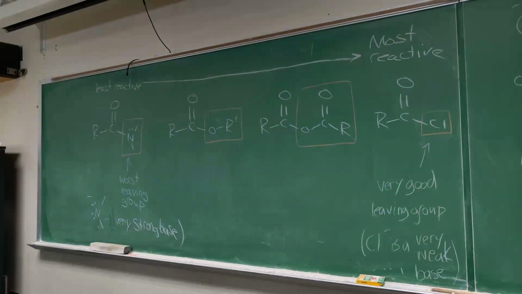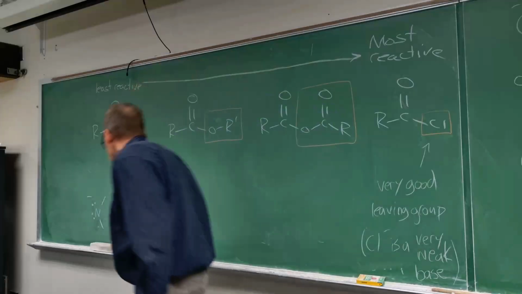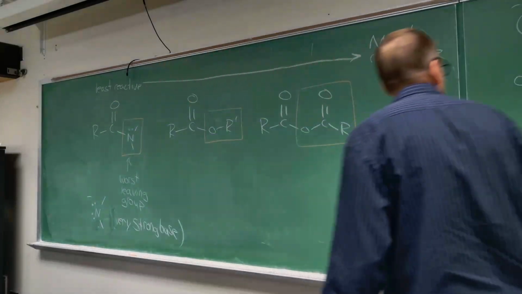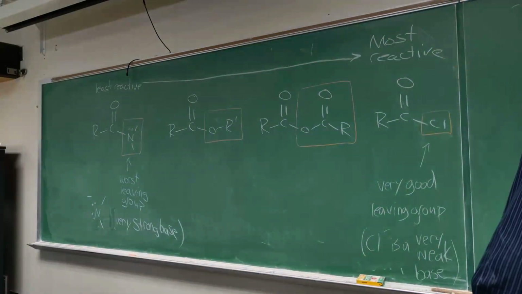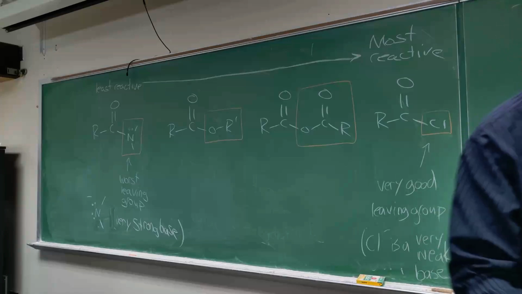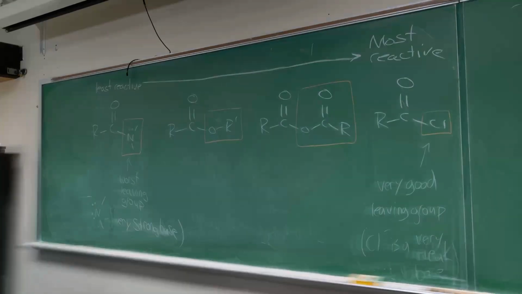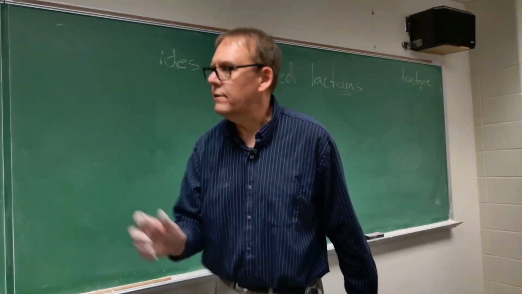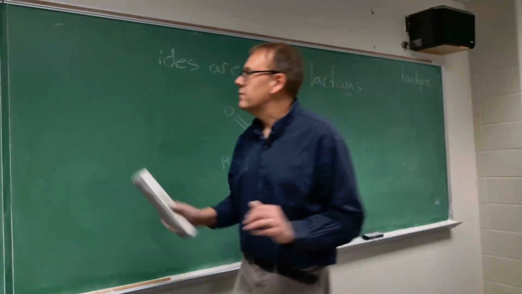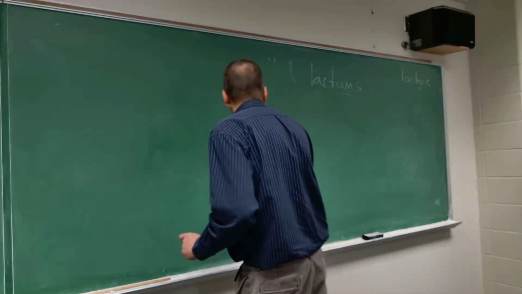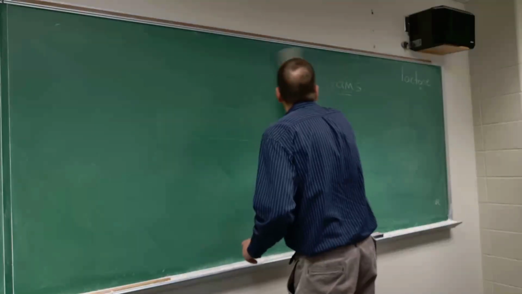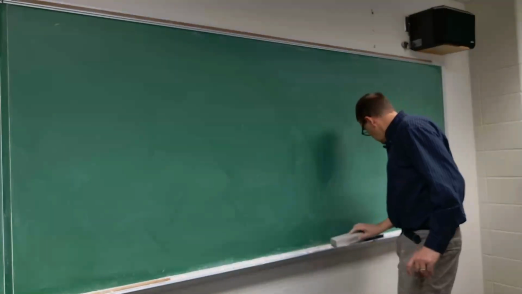So I'm going to give you a set of guidelines here to help you predict what kinds of reactions are possible and which ones aren't. If you can remember the hierarchy of reactivity and the difference in base strength of the leaving group, this will all make sense, hopefully.